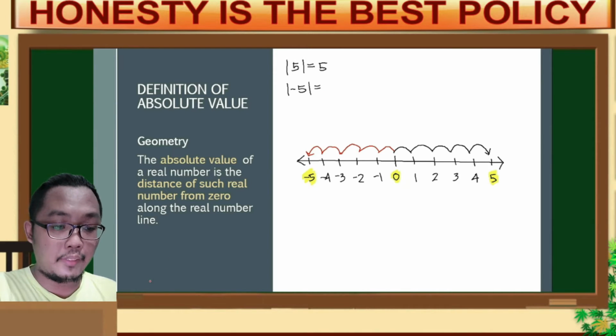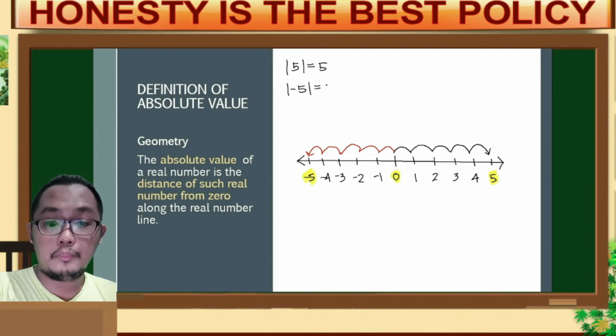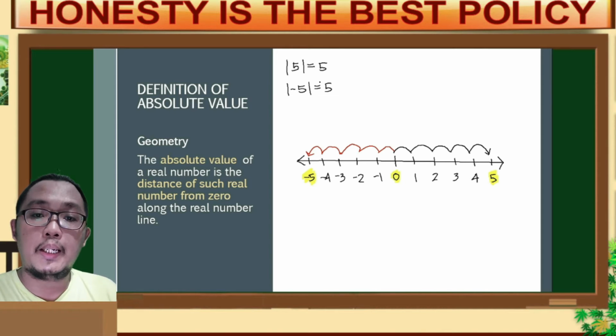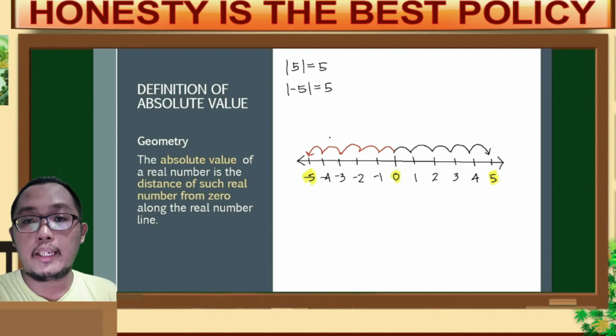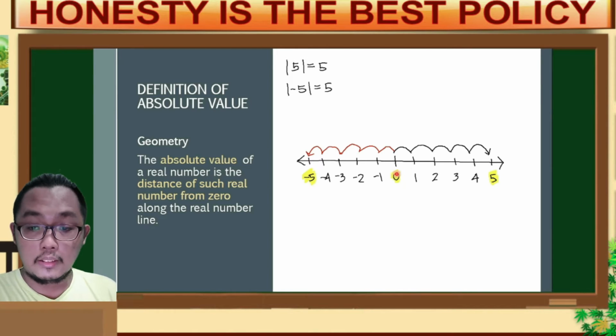So the answer here will be 5. Notice that since we do not have any concept of negative distance, we are writing the distance between the 0 and the -5 to be equal to 5.